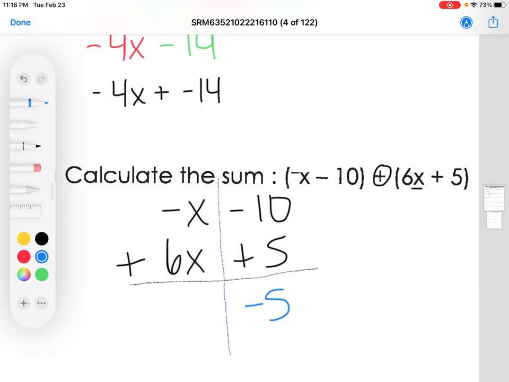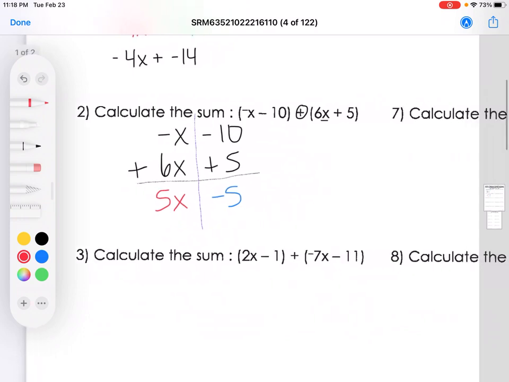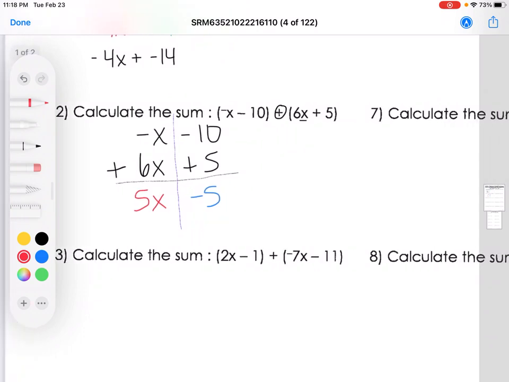And then I have negative 1x plus 6x, which would be positive 5x. I have 1 of each term. That means I cannot simplify it any further. So my answer of my sum would be 5x minus 5. Or you could write 5x plus negative 5.